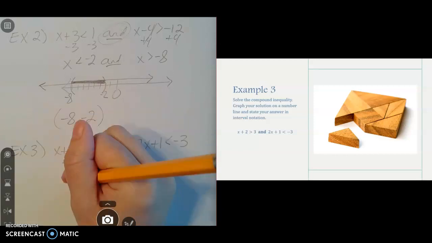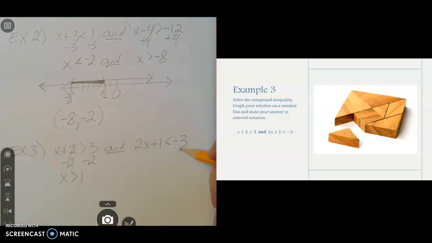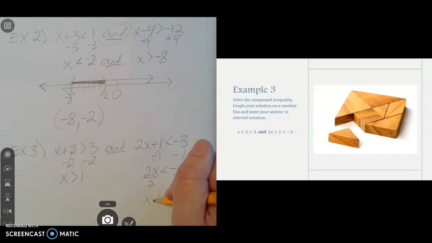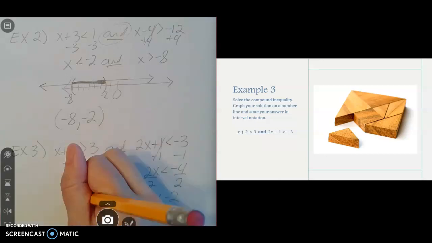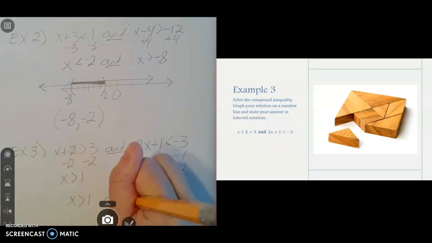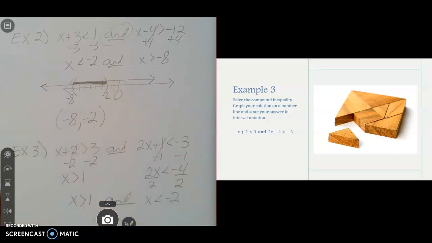So now I have x is greater than 1. On my second one, I'll subtract 1 from both sides. So I have 2x is less than negative 4. And then I'll divide both sides by 2. So now I have x is less than negative 2. So those are my two answers: x is greater than 1 and x is less than negative 2.